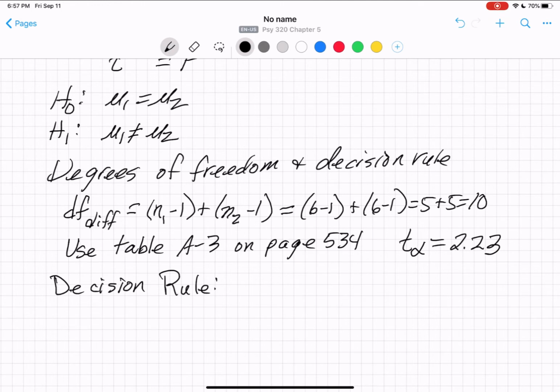And that is okay. With F, because we're dealing with variances and everything is squared, it has to be positive. But with t, we're not looking at squared values, so it's possible to get a negative value. And so we have to take that into consideration.